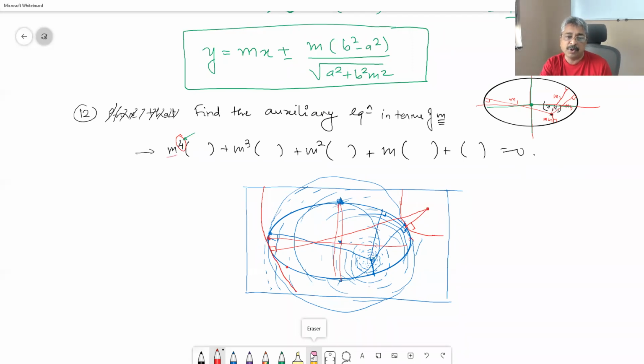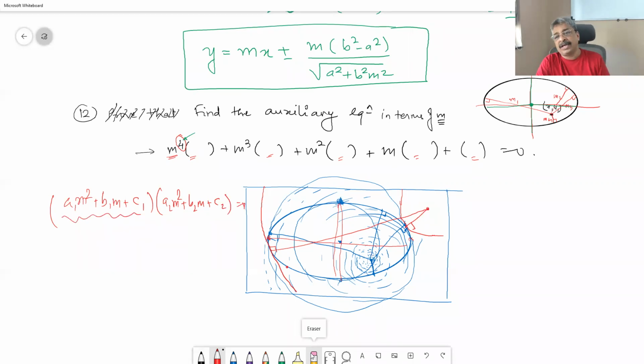So it all depends upon what this equation is. Can it be factorized into a1m square plus b1m plus c1 into a2m square plus b2m plus c2 kind of factorization? Is it possible? Then after factorization, are these reducible quadratics or irreducible quadratics?